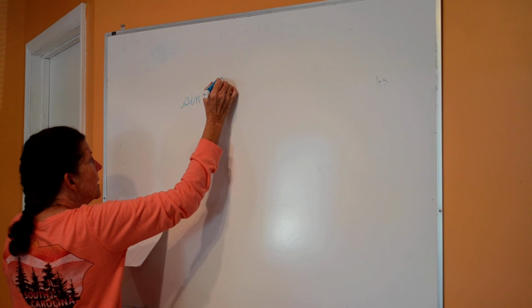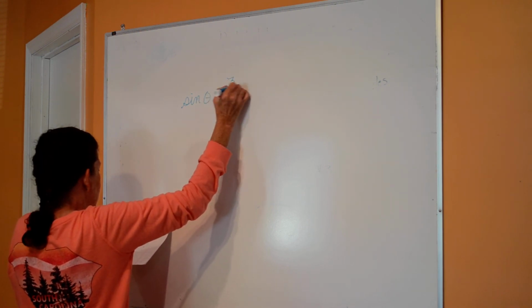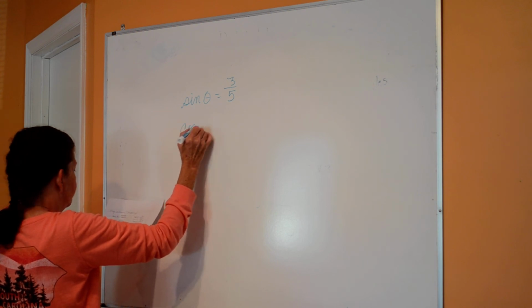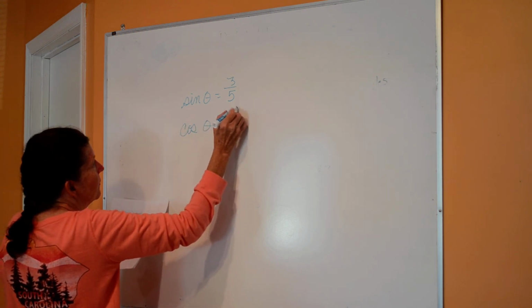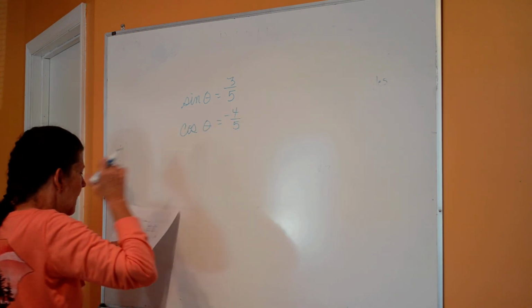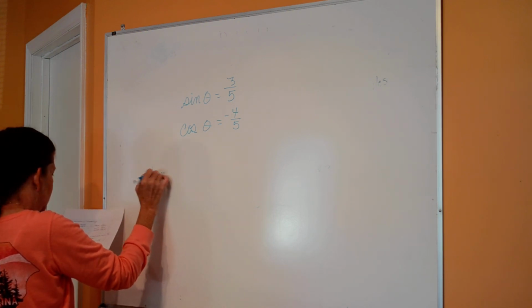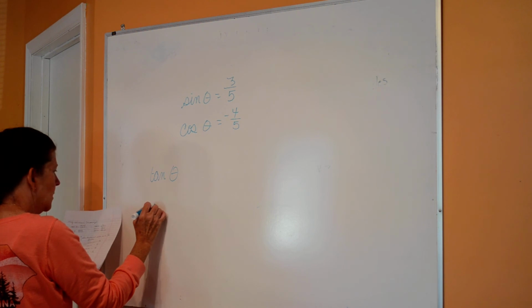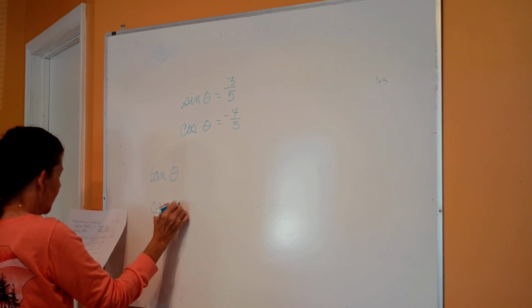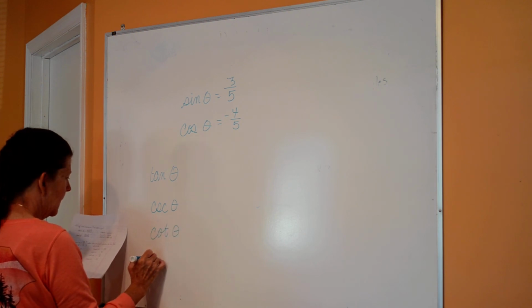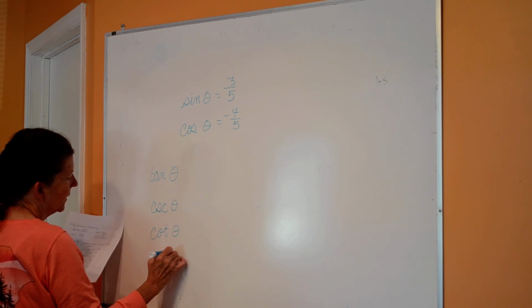Let's say the sine is 3 over 5 and my cosine is -4 over 5. And I want to find these things: the tangent of theta, the cosecant of theta, the cotangent of theta, and the secant of theta.